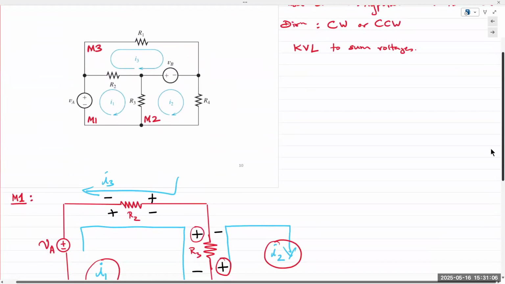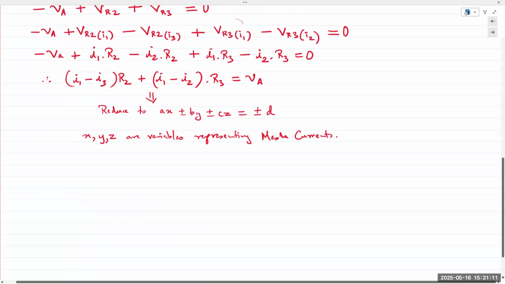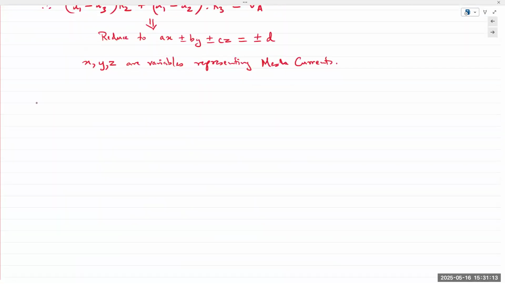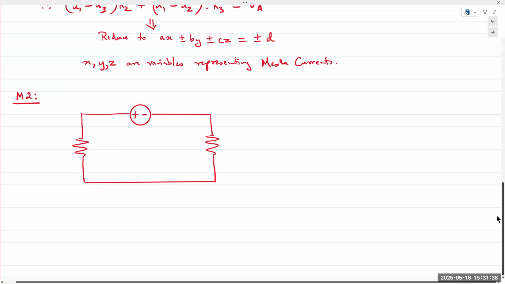So you have R3, R4, and VB. So M2, you have R3, R4, the direction of VB.